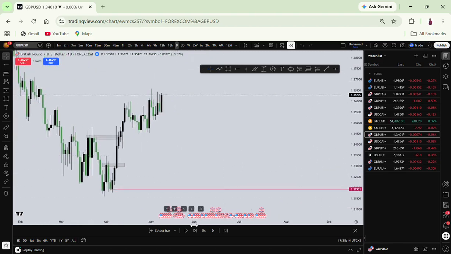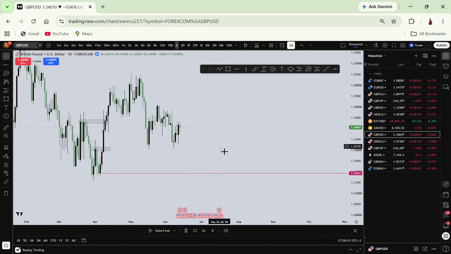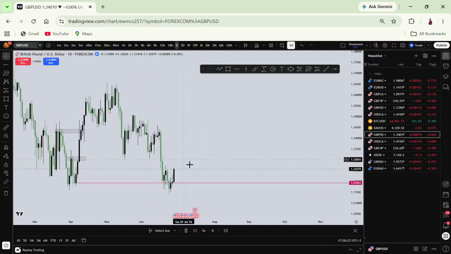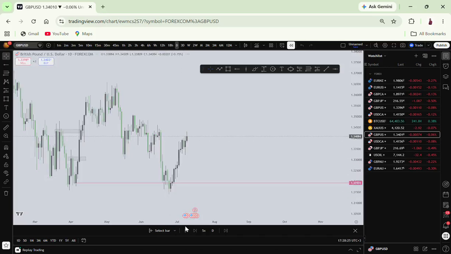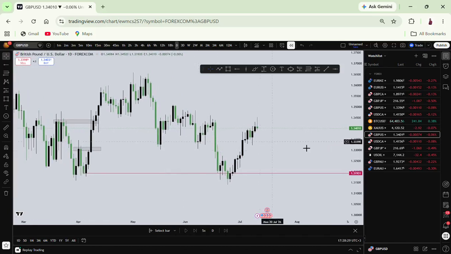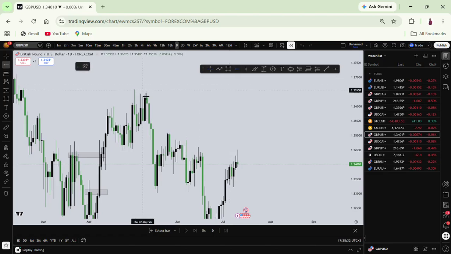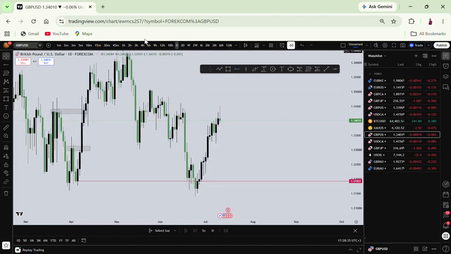All right, so we can play and then we can see how price came and reacted. Okay, so you can see that that was your support level, and when you are using these support and resistance levels, don't always target bigger risk to reward.